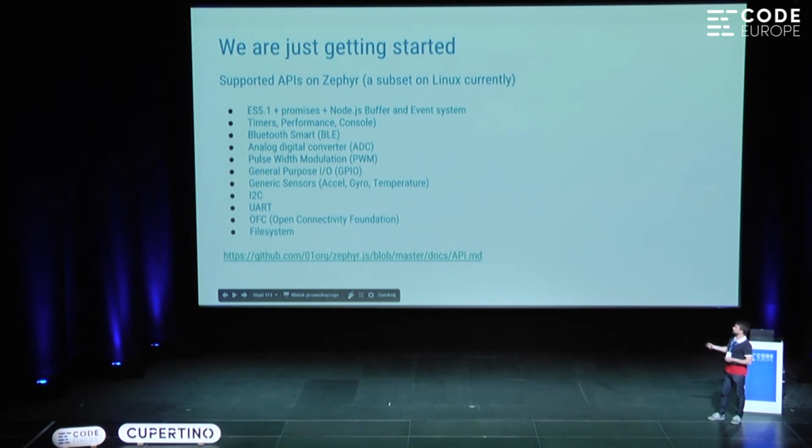We have the event system and buffers from Node.js, timers, performance, Bluetooth, all the general things you have on IoT devices like GPIO, pulse width modulation, and we have access to sensors using the exact same APIs. Really, really cool, and something, if you like IoT, I think you should check out.